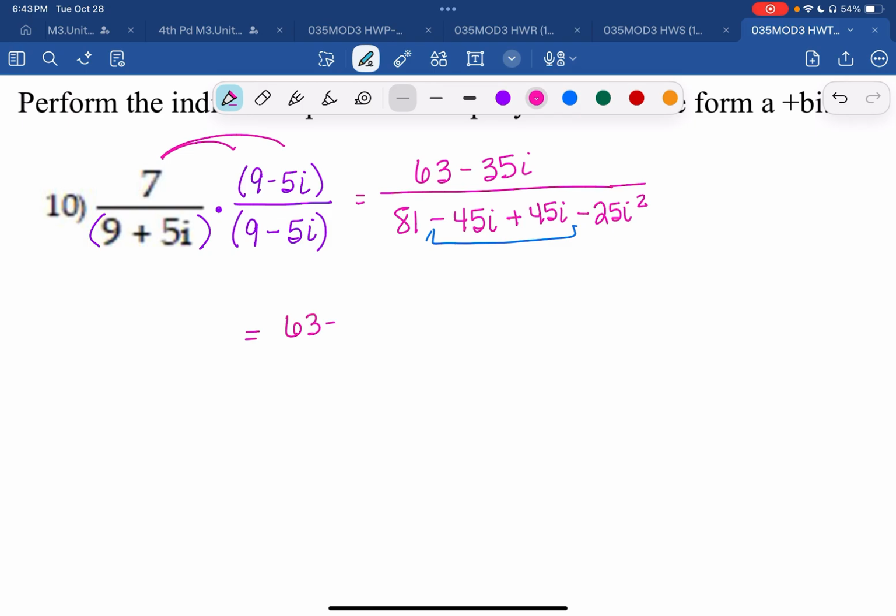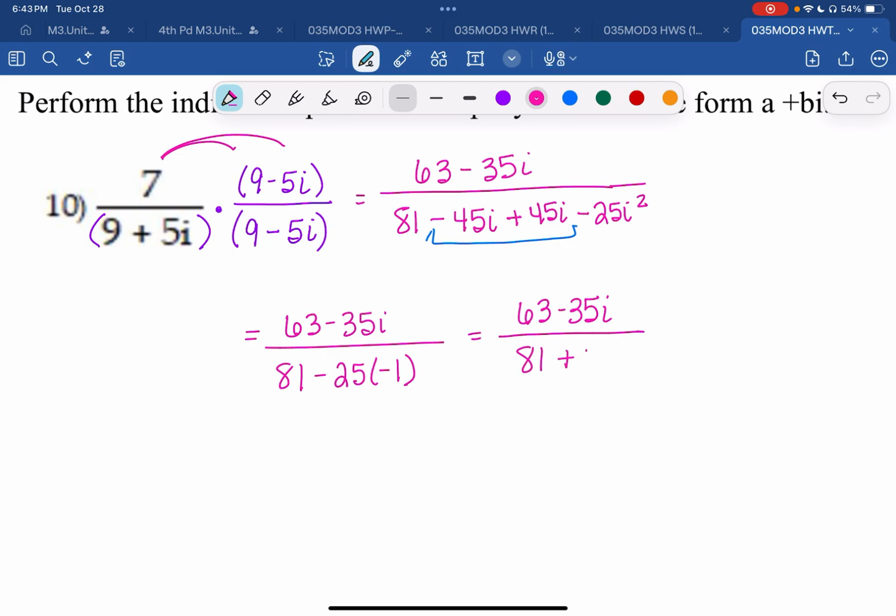So 63 minus 35i in the numerator. Denominator, I've got 81 minus 25 times negative 1. So I've got 63 minus 35i over 81 plus 25.